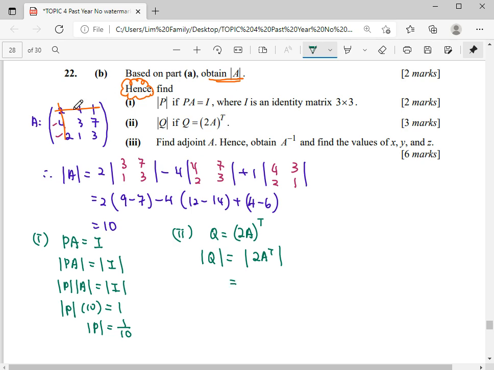Because A is a 3 by 3 matrix, when we take out 2, it means every row is multiplied by 2. So for every row you take out, it will be 2 to the power of 3, because first row, second row, third row, 3 times the determinant of A transpose. So the determinant of A transpose will be equal to the determinant of A. So that will get us to this, 80.